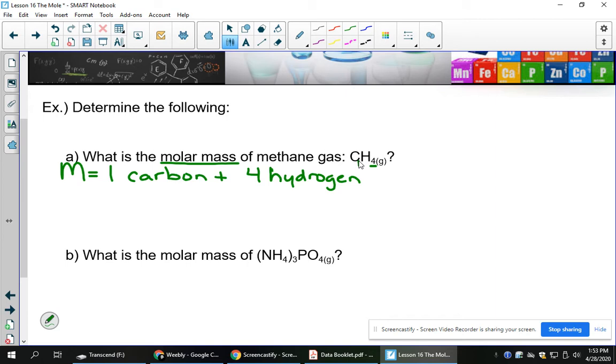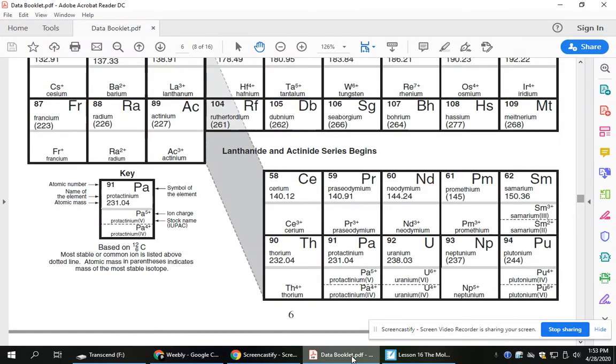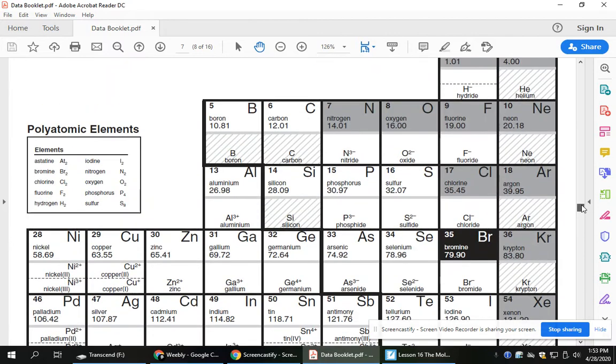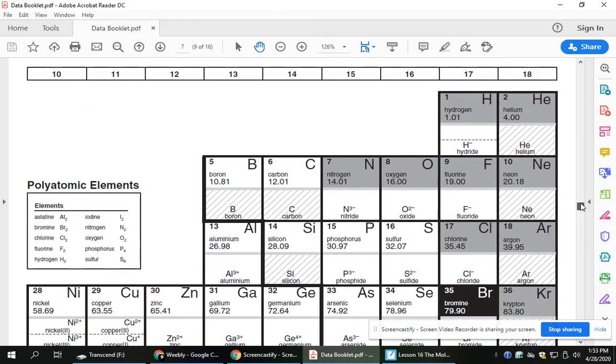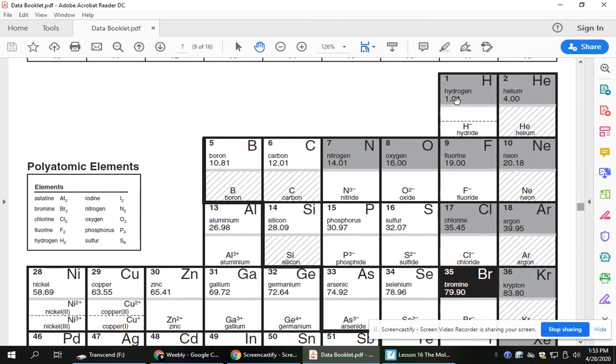Now I'm going to do a little bit of math. I'm going to go 1, and I'm going to multiply by the molar mass of carbon, and 4 times the molar mass of hydrogen. So I'll show you where we find these numbers on the data booklet. The atomic mass for hydrogen is right here, 1.01.